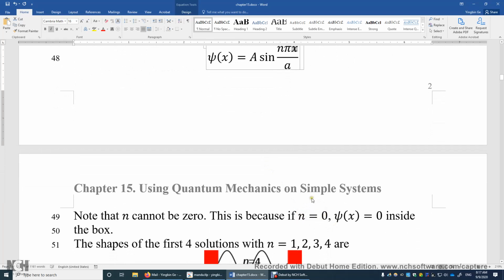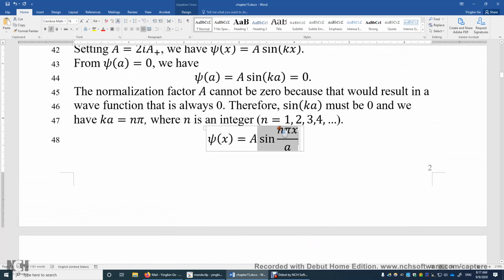N cannot be 0. As long as n is a positive integer, this function is going to be 0 at two positions. When x is 0, when x is A, this wave function is 0. This is to ensure this wave function is single valued and continuous at the two boundaries.